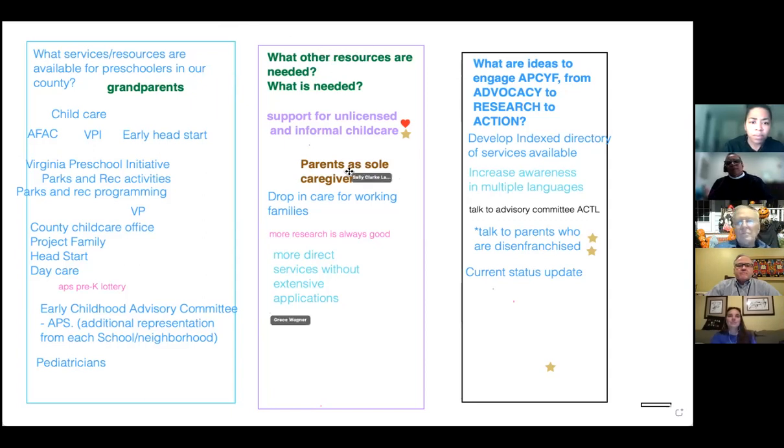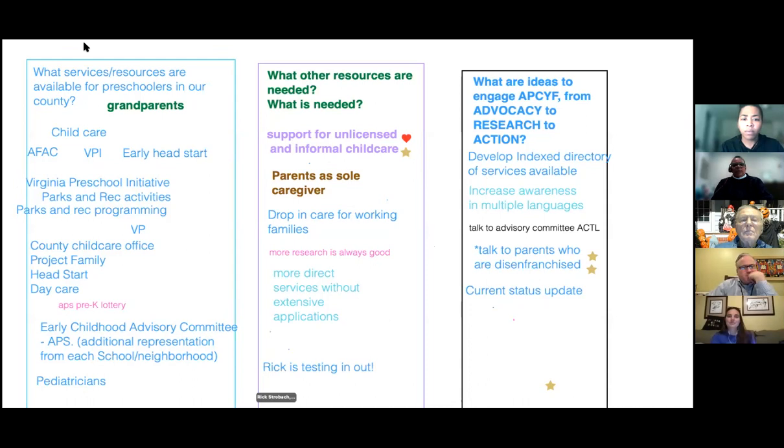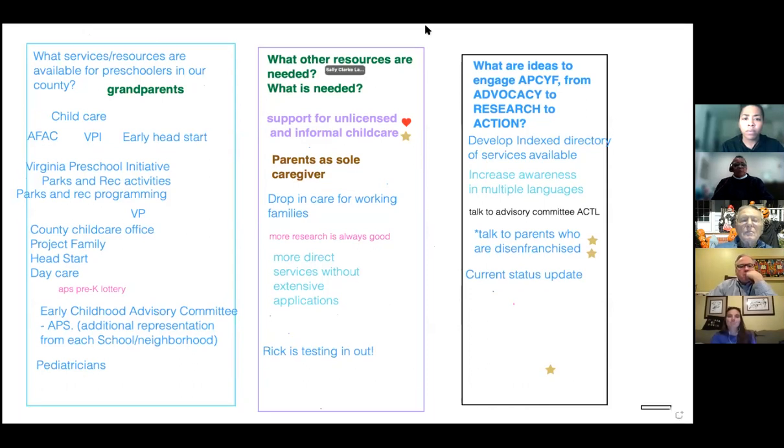There's a stamp that you can co-sign onto something with a heart, a star, or a check mark if you don't want to fully write it out and repeat it. And with the text, you can write in what you'd like. If you want to drop something in the chat, Sally will try to pull it from the chat and put it here. Or you can verbally talk through it and Sally will catch as much as she can in writing. Does that make sense and work for folks?